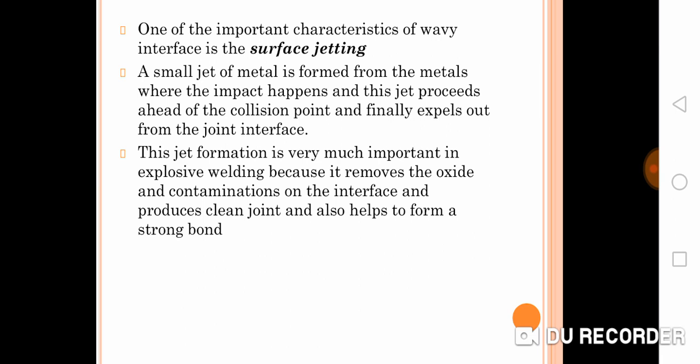The thing you have to note is, as far as explosion welding is concerned, this jet formation is very important, because for a proper joint to be produced, the jet should be formed.